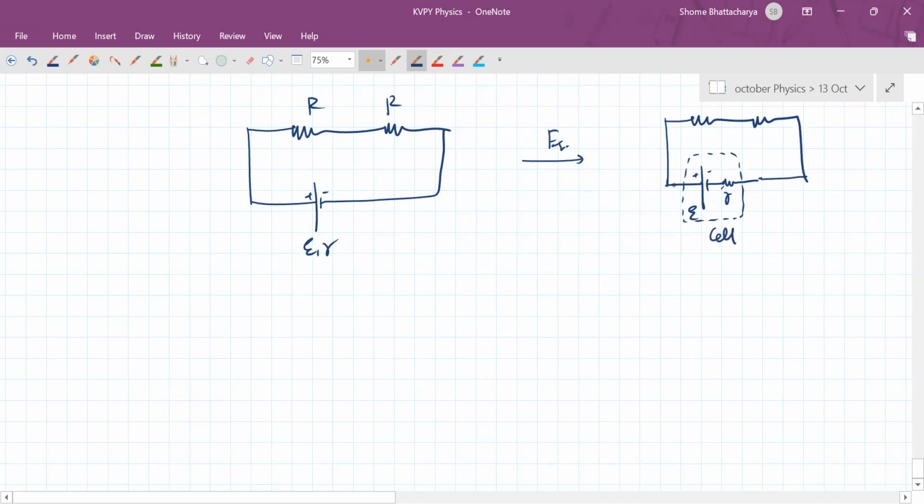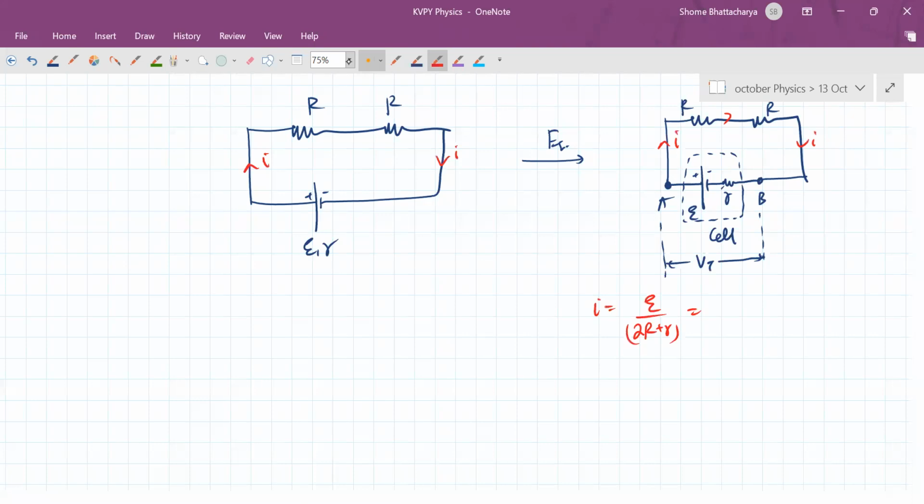This is your cell, and these are the terminals of your cell. So we'll treat the terminal voltage as the voltage across this. So whether you go with the original circuit diagram or an equivalent circuit diagram, where you are showing the internal resistance separately, you realize that the current is given by this.